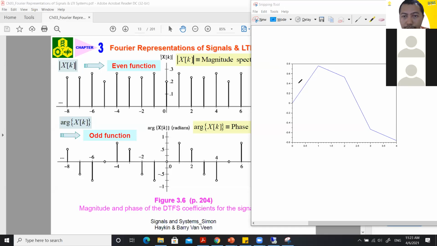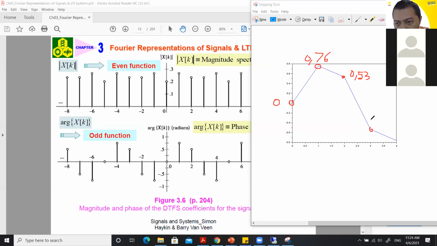Yeah, you can see here, this is 0. And this is around, less than 1, is equal to 0.76. And this is around 0.53, according to the computation result from Scilab.